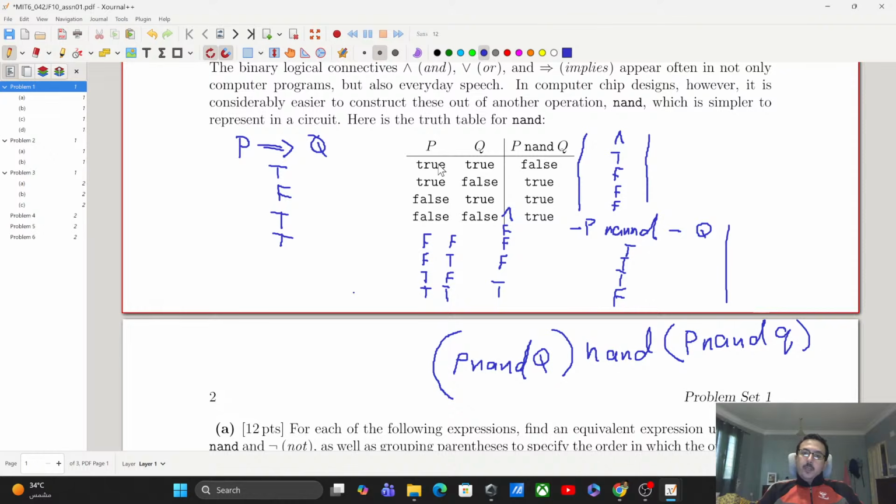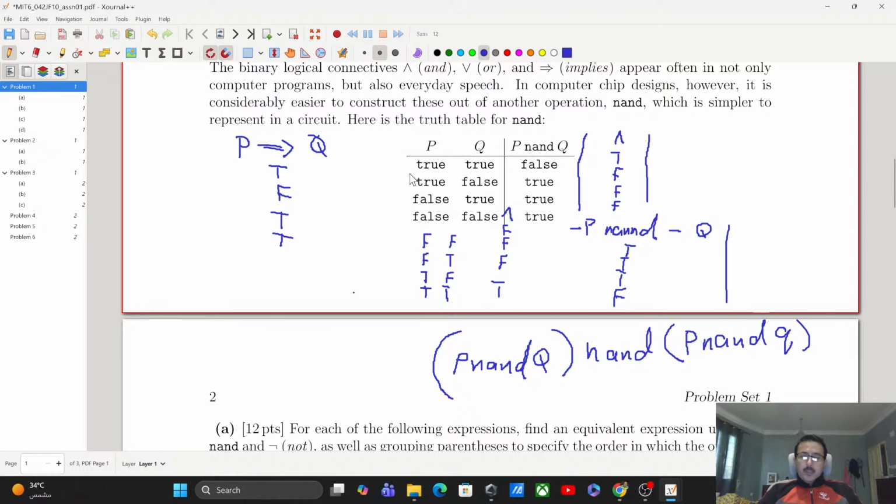I can't use AND. Okay. True with true. It's false. True, true. True, true and false.